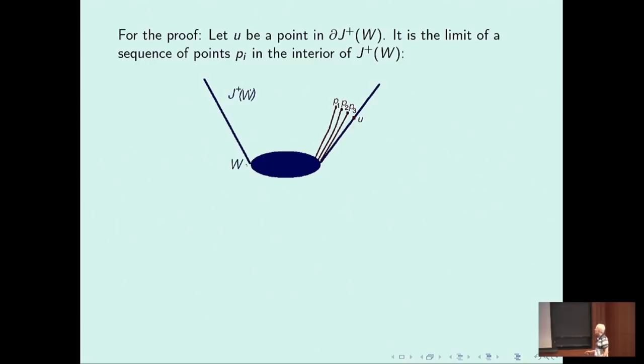W is any set, and J plus of W is its causal future. J plus of W consists of all points you can reach from W by a causal path. So the P's are some examples of points in J plus of W, and the red curves are causal paths from W. U is a point on the boundary of the causal future of W.